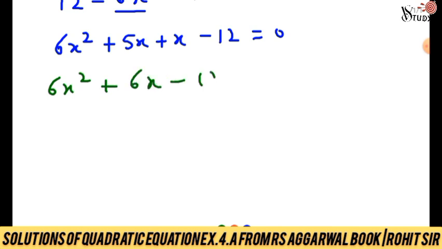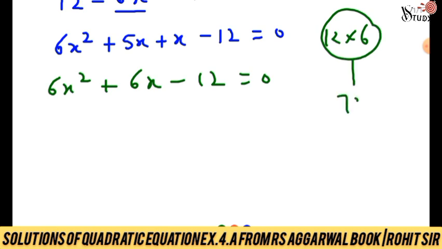Now 12 is multiplied by 6 and we have 72. Now we have to find 2 factors of 72 whose subtraction is equal to 6.